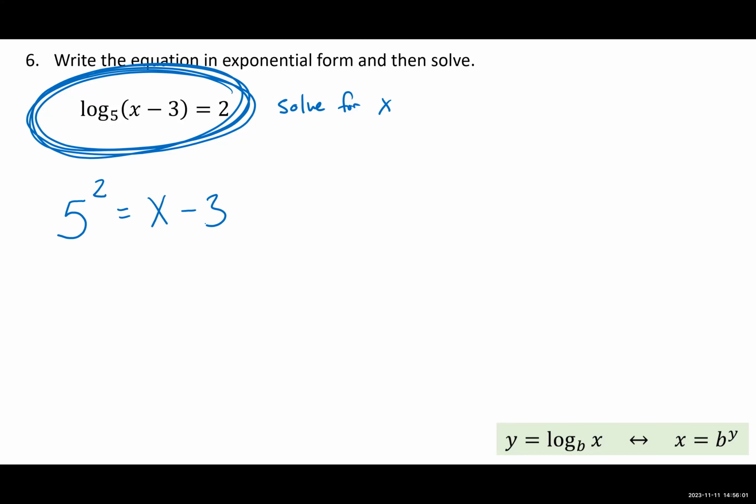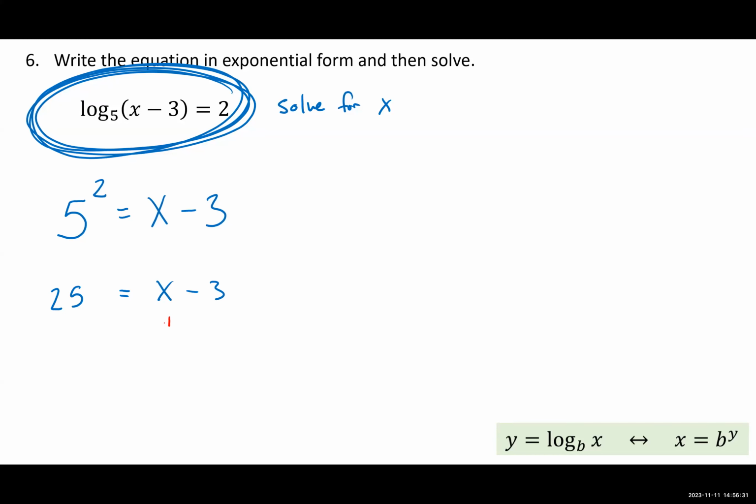All right, so I've rewritten this equation, log base 5 of x minus 3 equals 2, in exponential form: 5 to the second power equals x minus 3. And this is a much more straightforward problem to solve. 5 to the second power, that's 5 times 5, which is 25, is equal to x minus 3.